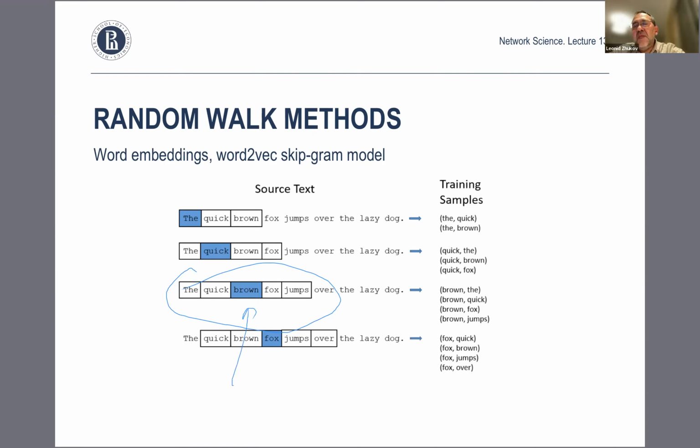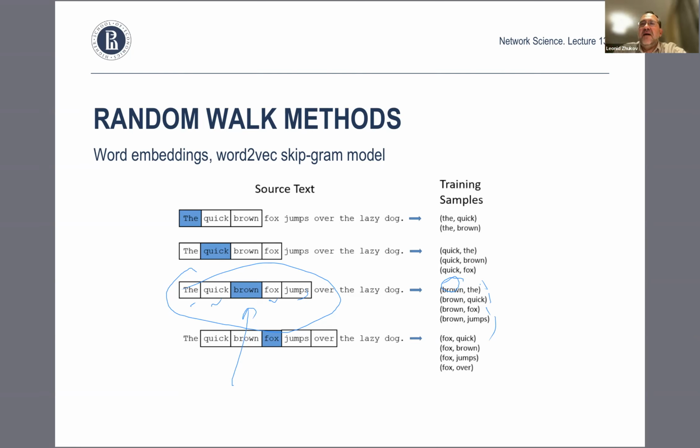The word brown is sitting within the context of the words the, quick, fox, jumps. So we can train a predictive algorithm that, given the word brown, gives us the probability for the words the, quick, fox, jumps to be within the context, within the neighborhood of the word brown.